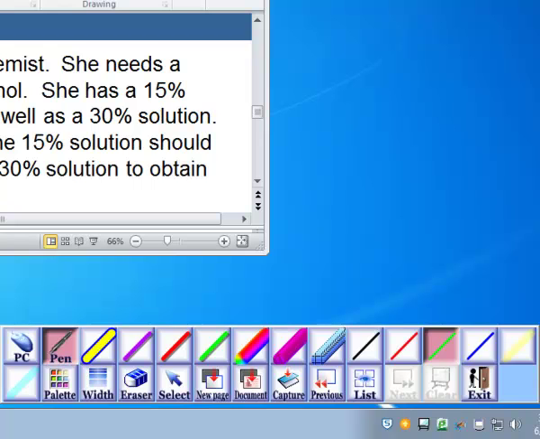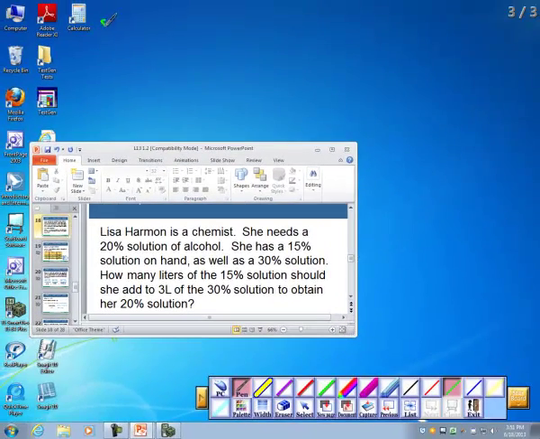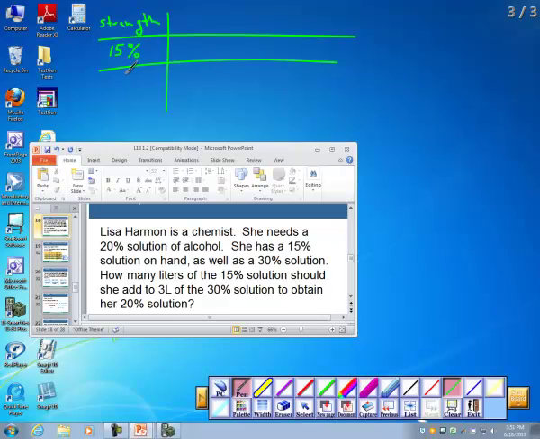All right, so again, we're going to make a table. We've got strength, and for our strength, we've got 15% and 30%, and we want to end up with 20%.